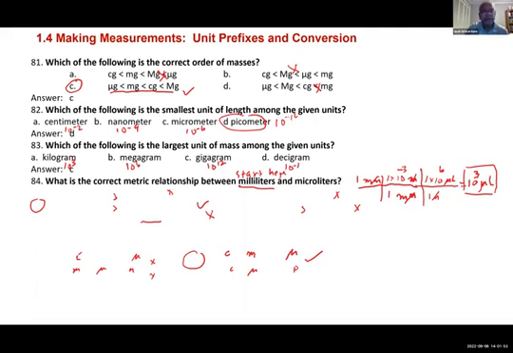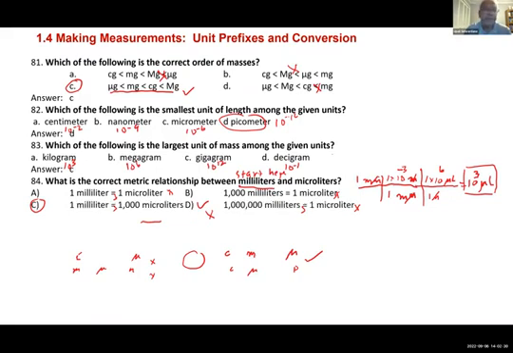Which is the correct relation between milliliter and microliter? Let's look at this. Milliliters are greater than microliters. Therefore, this has to be a larger number for milliliters, and microliters has to be a smaller number. The first one is wrong because 1 milliliter is not equal to 1 liter.